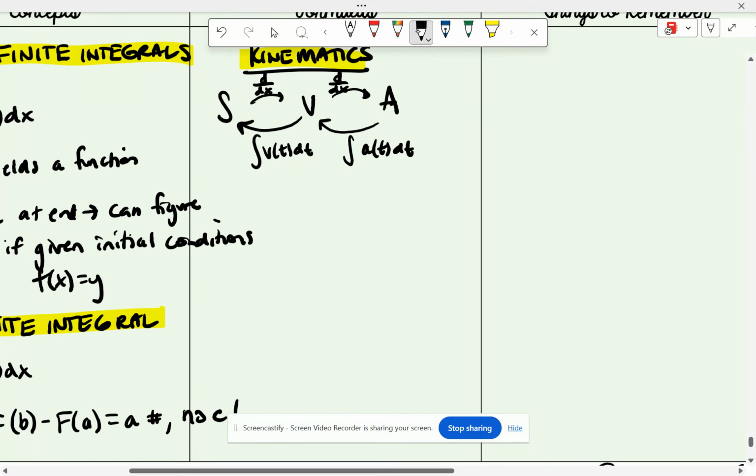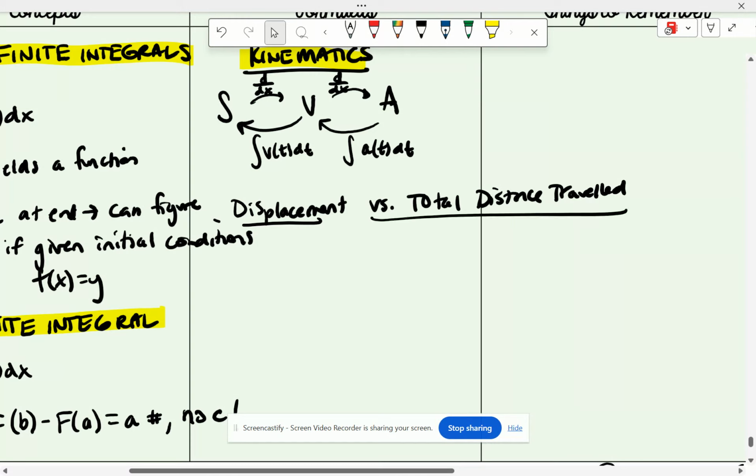Nothing. Do nothing. All right, let's talk about displacement versus total distance traveled. Do you guys feel like you have a good handle conceptually on the difference between the two? Yeah.